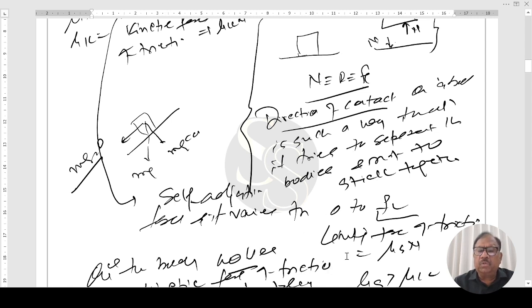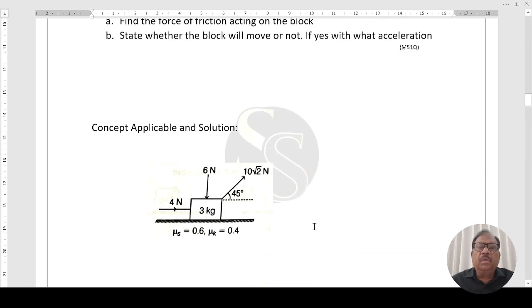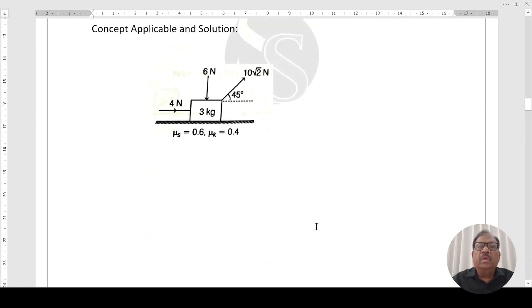Now let's start with the question. Question is, in the figure shown, find the force of friction acting on the block. State whether the block will move or not. If yes, with what acceleration? First of all, we draw the free body diagram of the 3 kg block.